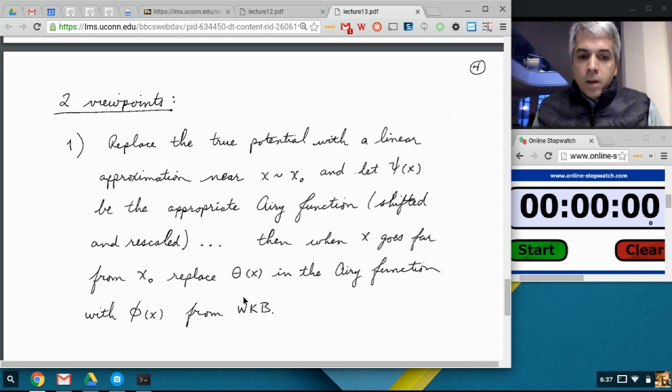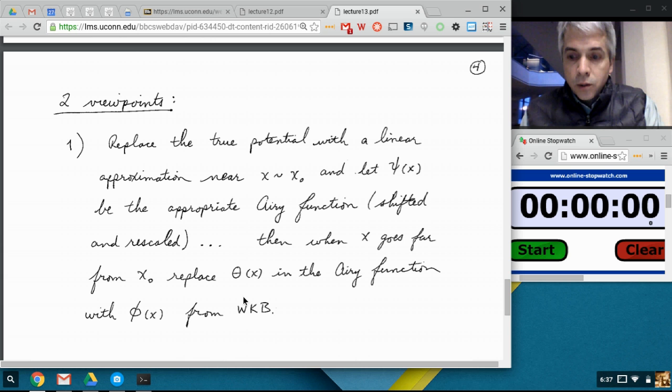And with that prescription, what I'm saying is that my Schrodinger solution is the Airy function where I replace theta, being trivially 2/3 z to the 3/2, remember that thing, with the actual WKB phase. So that's all I'm going to suggest that you do.